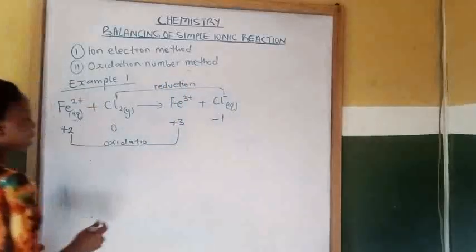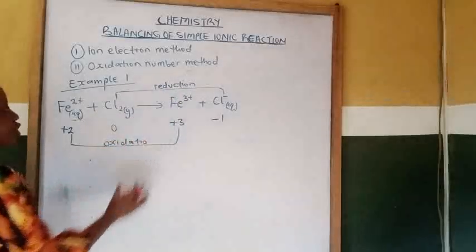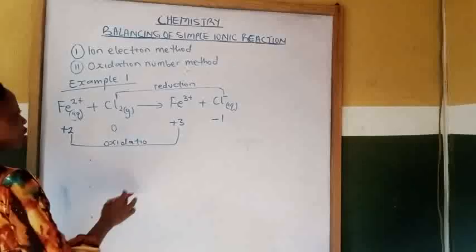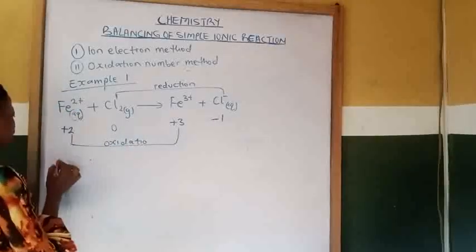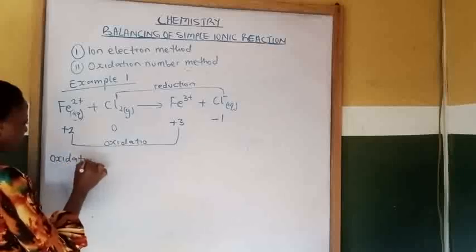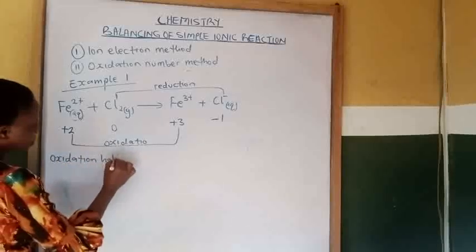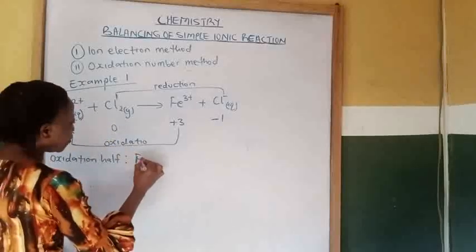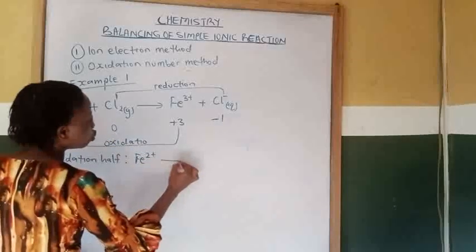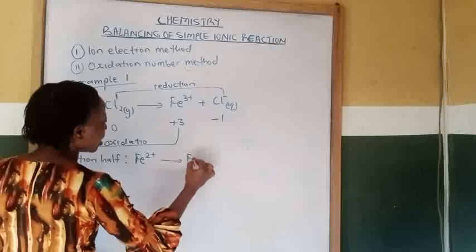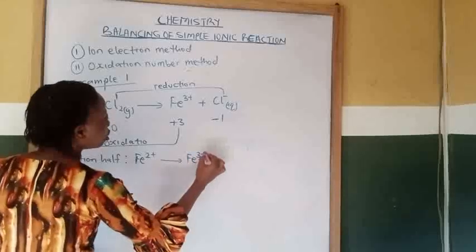Reduction reaction. So therefore now we can split this reaction into oxidation half and reduction half. For the oxidation half, we have iron 2, which is Fe2+, to iron 3, that is Fe3+.